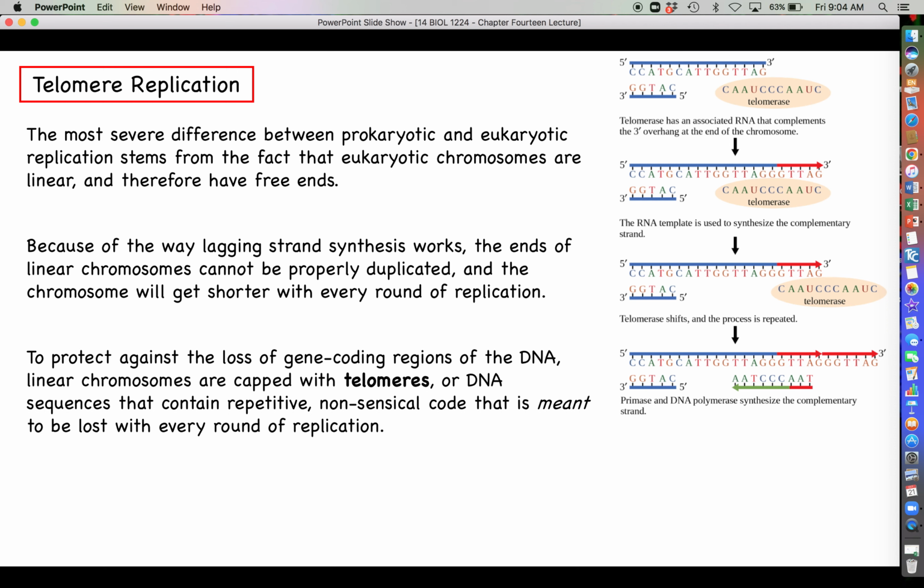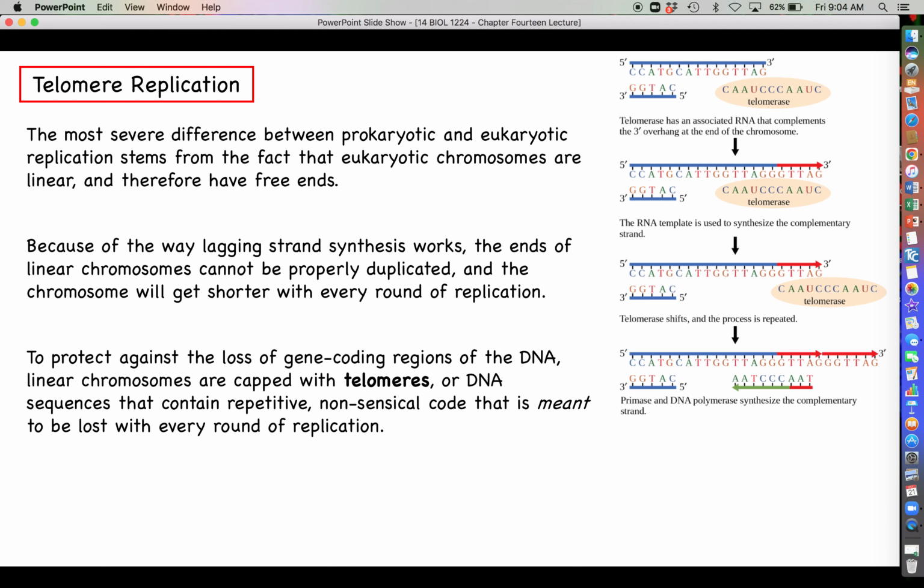So as an adaptation to this, eukaryotes have developed regions of DNA at the ends of chromosomes called telomeres. Telomeres actually contain repetitive, nonsensical DNA that doesn't code for anything. So it doesn't contain any genes, it doesn't contain any important information for making proteins. This is DNA code that is meant to be lost with every round of replication.